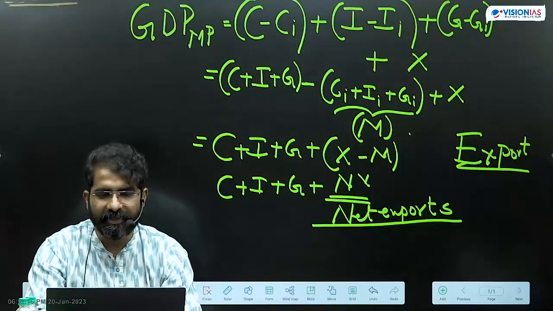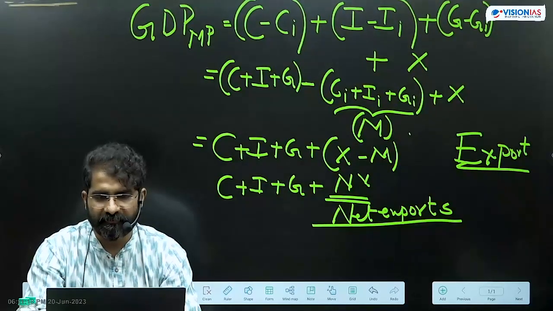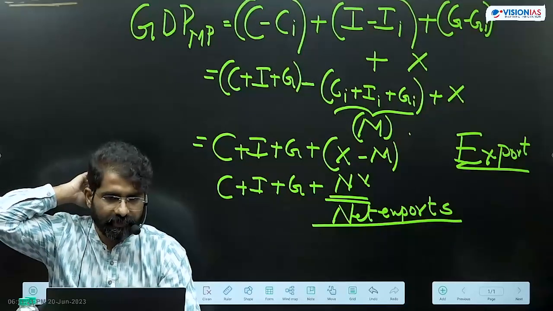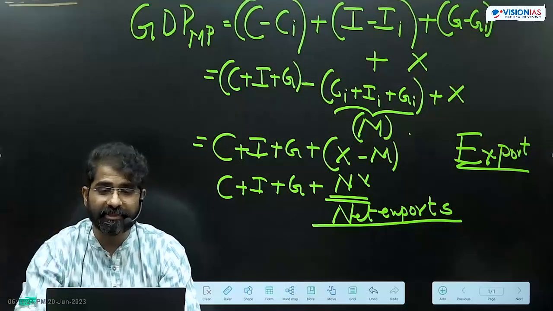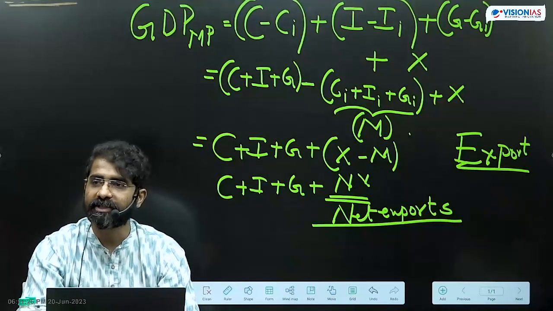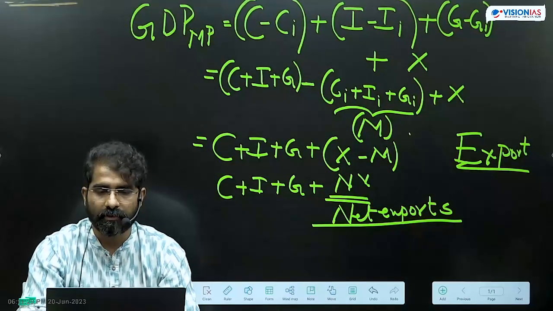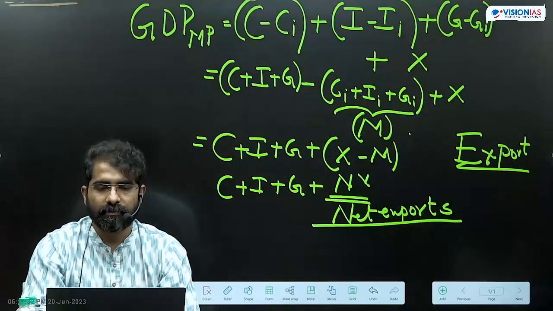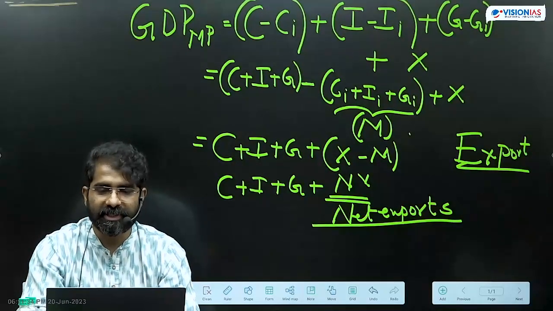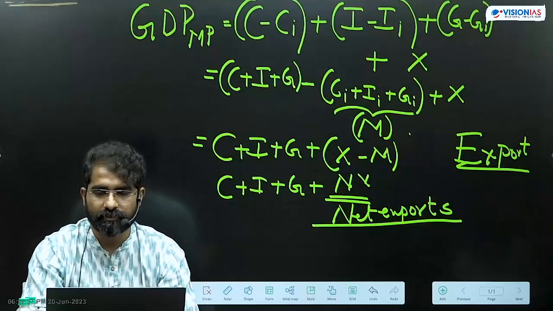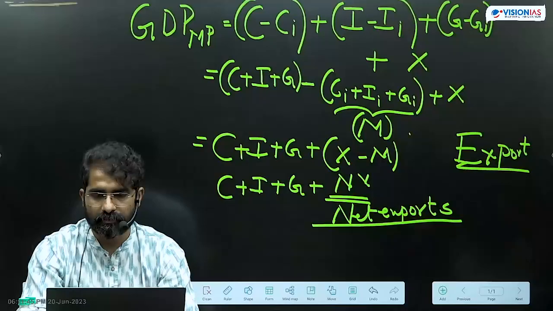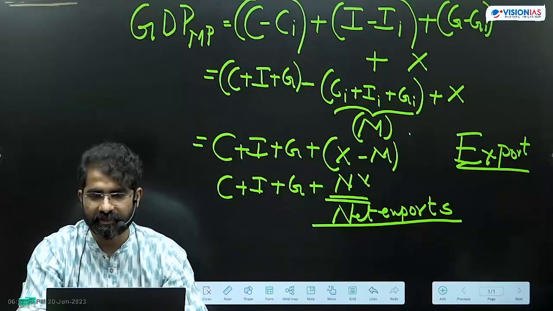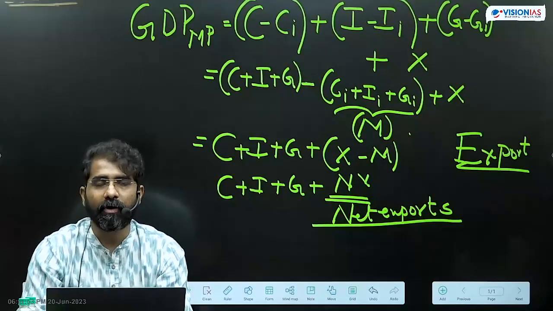The final expenditure is the expenditure made on the purchase of domestically produced goods and services for final use.